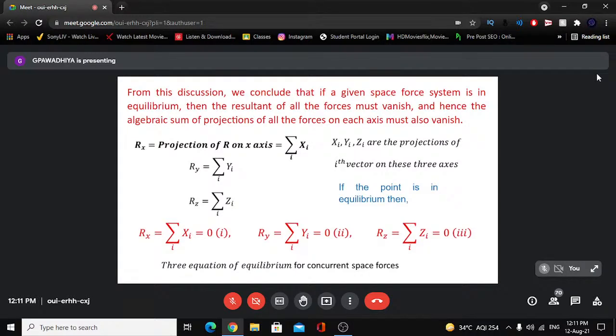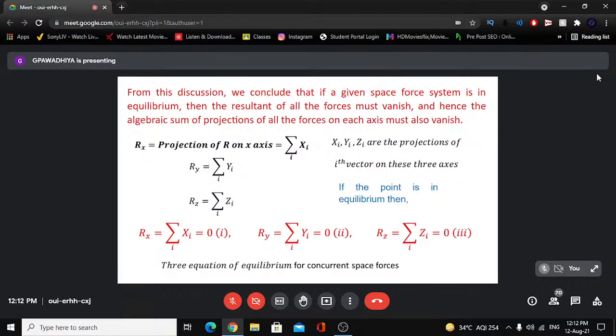So summing the x components of all the forces at a particular point or joint or particle, we get Rx, the x projection of the resultant R. Similarly, sigma Yi will be the y projection of the resultant, and sigma Zi will be the z projection of the resultant.